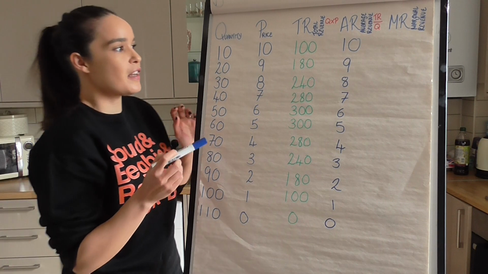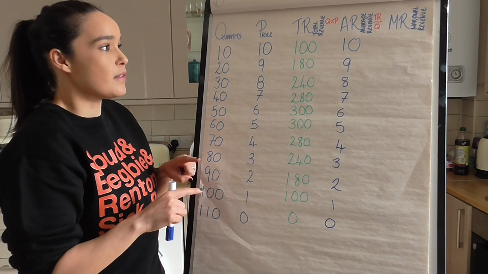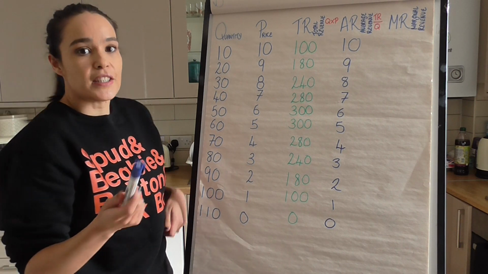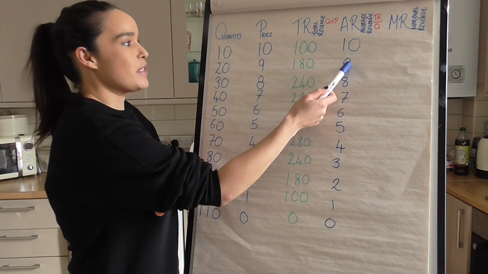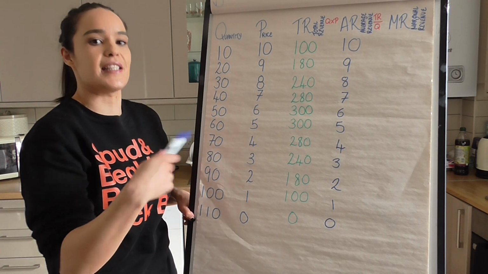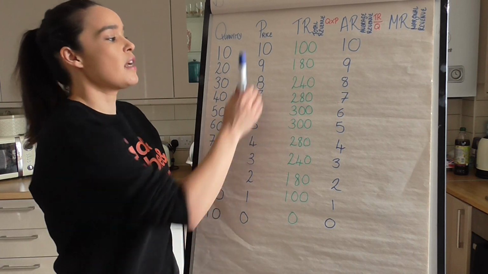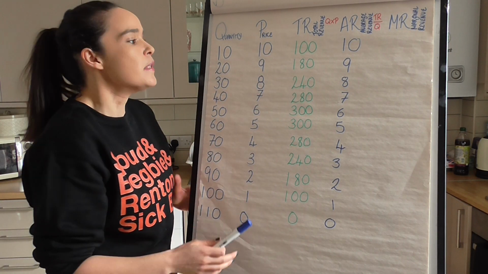So this might seem completely obvious, but it's actually illustrating an important point here. So one, this is why average revenue is equal to the price in perfect competition, because the firm is a price taker, it just accepts the market price. Doesn't matter what quantity they produce, the market price is always the same.